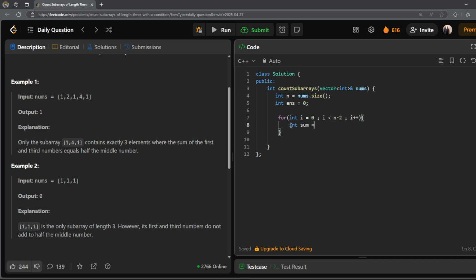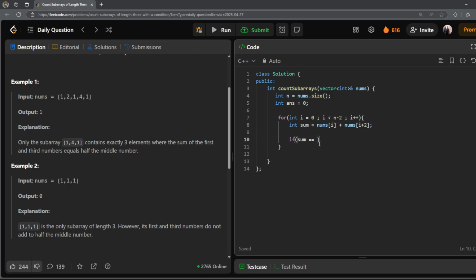So what I'm going to do is this. The sum is going to be equal to what? nums of i plus nums of i plus 2, and I'm going to see if the sum is equal to half of this number.